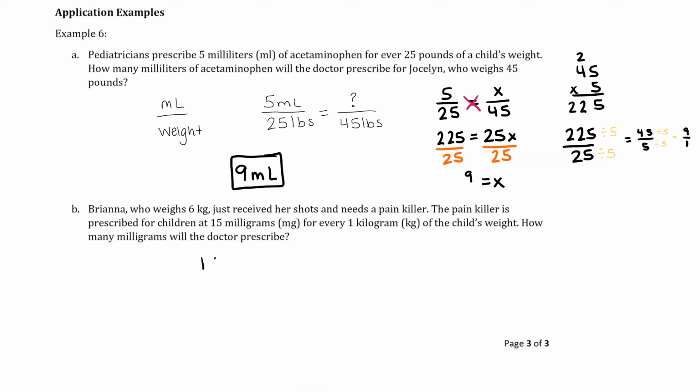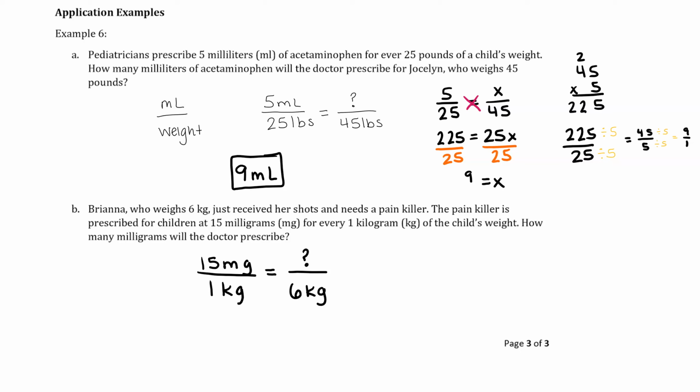So 15 milligrams for every 1 kilogram. And we know that Brianna weighs 6 kilograms. So since we put kilograms on bottom in the first fraction, it also has to go on bottom in the second fraction. Okay, so now I need to solve this proportion.